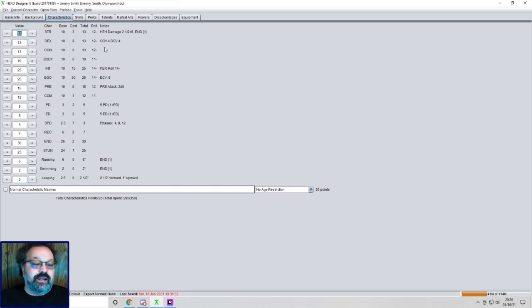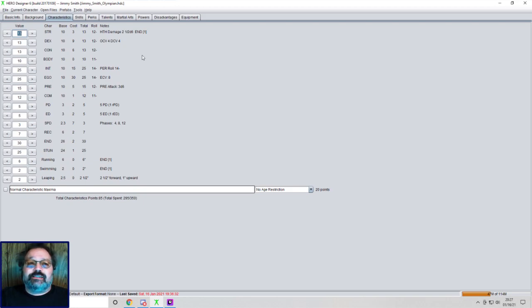Now, in a 4-color campaign, generally speaking, even the bad guys are not going to be using killing attacks. That's something that's kind of hard to get through new players' thinking, is that when you're in a superhero genre, especially 4-color, generally speaking, the goal is not to kill the bad guy or to kill anyone for that matter.